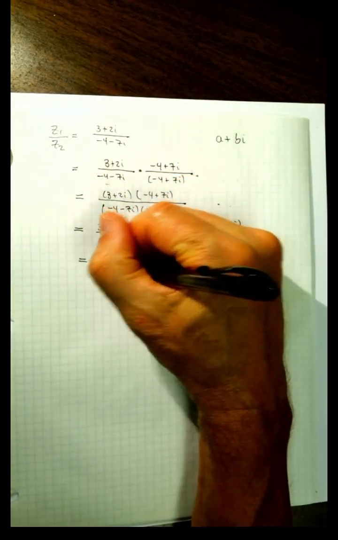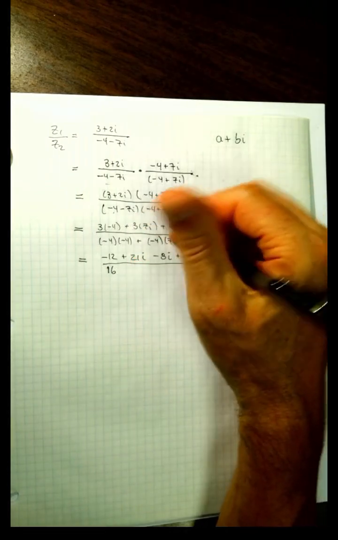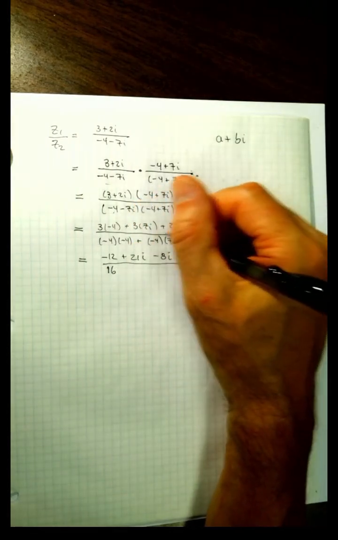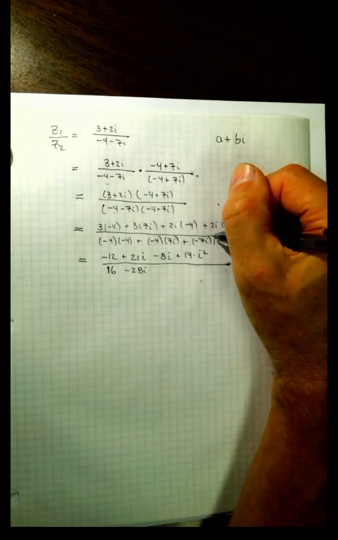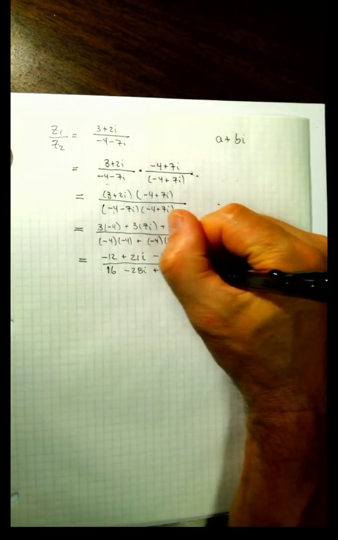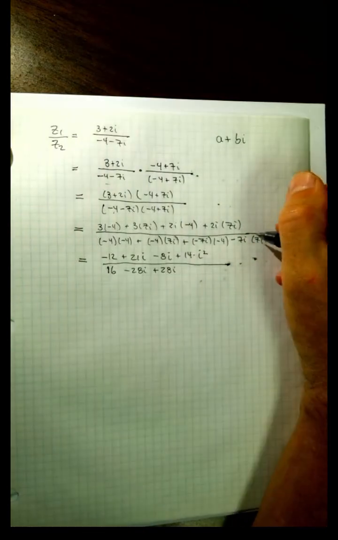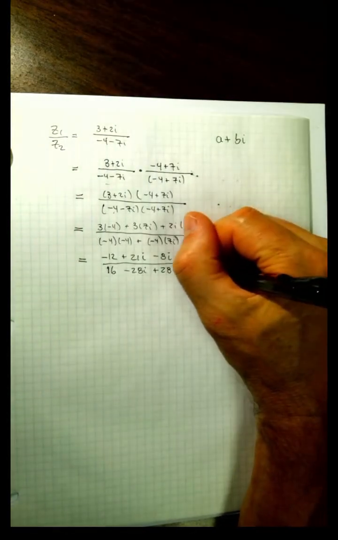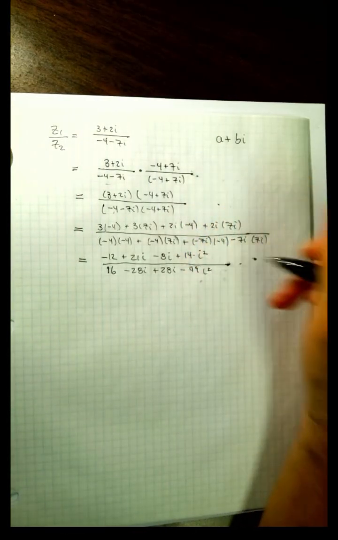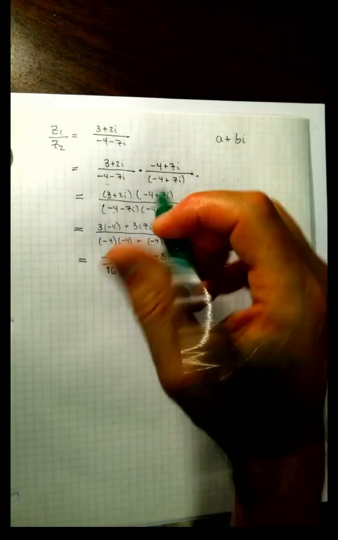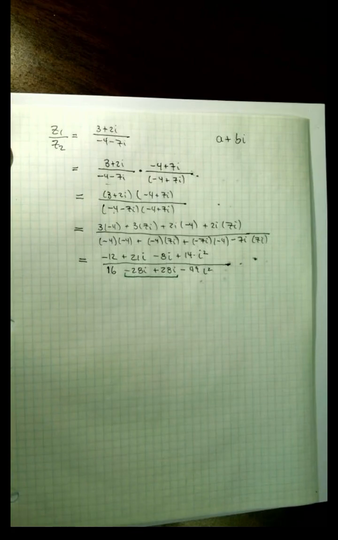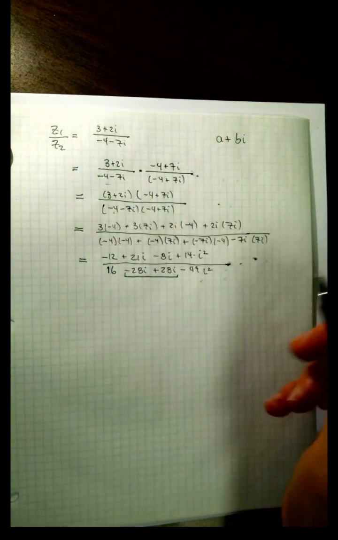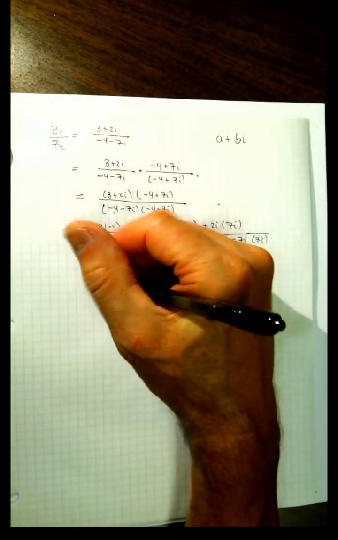In the denominator, I'm going to have -4 times -4, 16. -4 times 7i is -28i. -7i times -4 is plus 28i. And then I'm going to have -7 times 7 is -49 times i squared. And notice these things cancel. If they don't cancel, you did something wrong. And that means you need to go back and redo things.